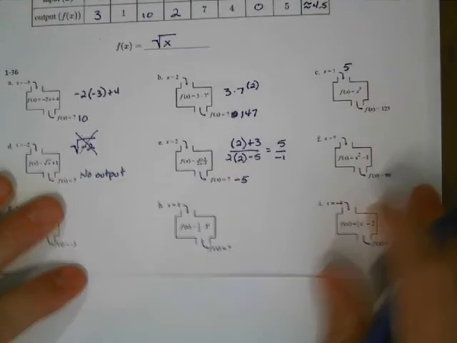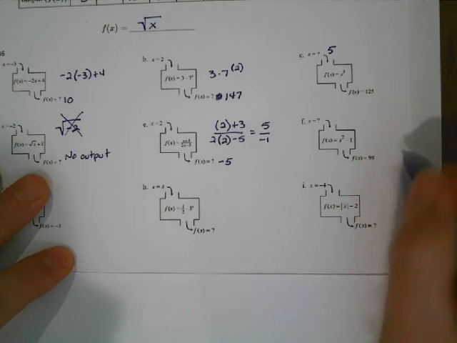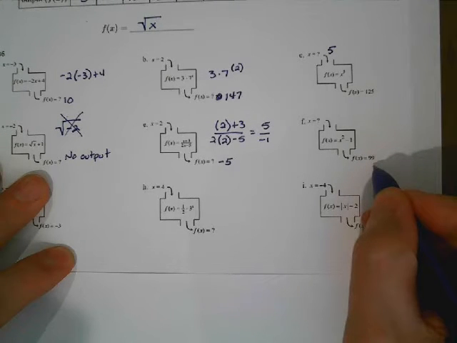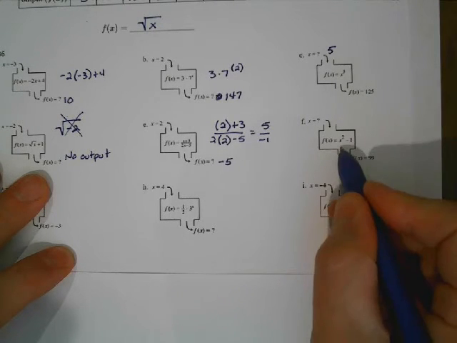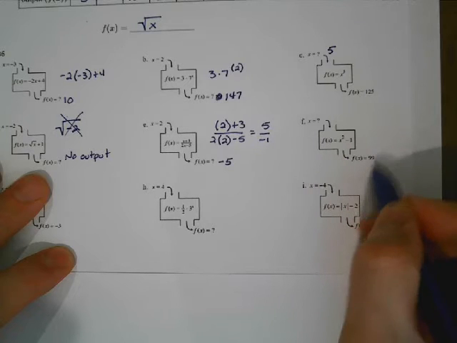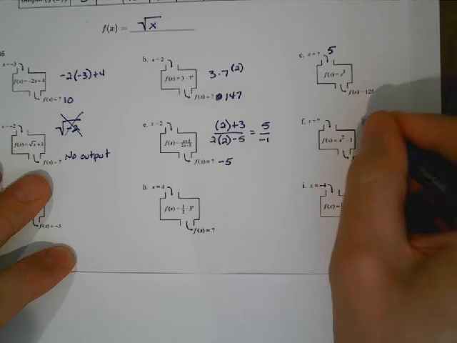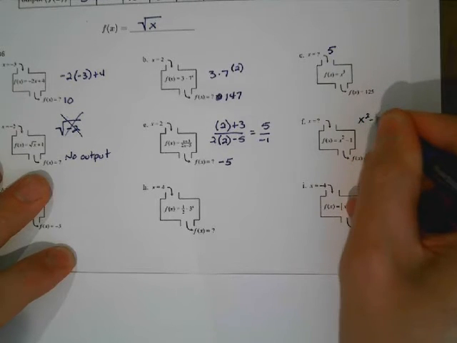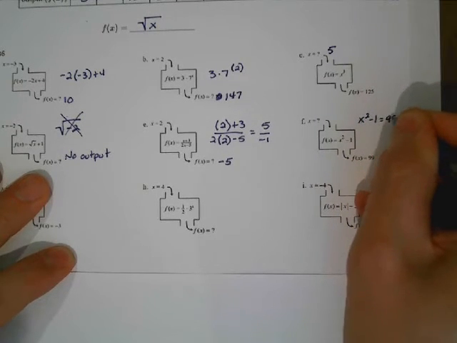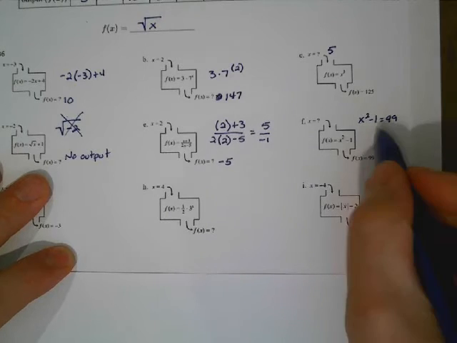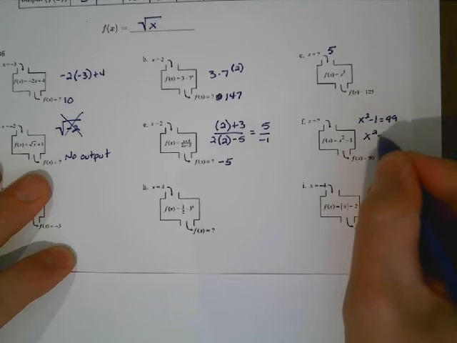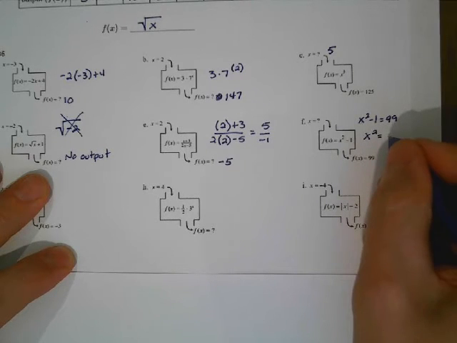All right, moving on. In the next one, my output is 99. So I've got x squared minus 1, and it's getting to 99. If x squared minus 1 equals 99, what did x have to be? The first thing I'm going to do is add 1 to both sides, so x squared is equal to 100.